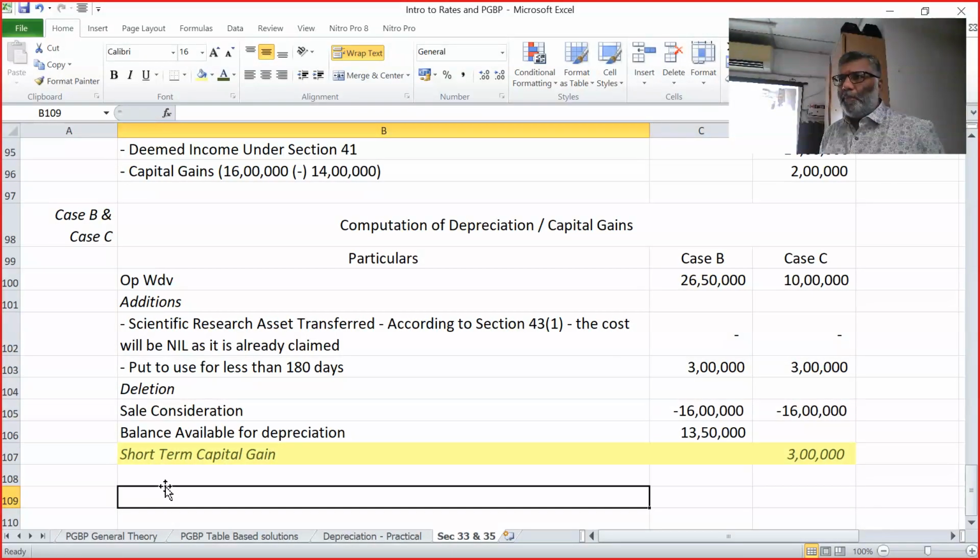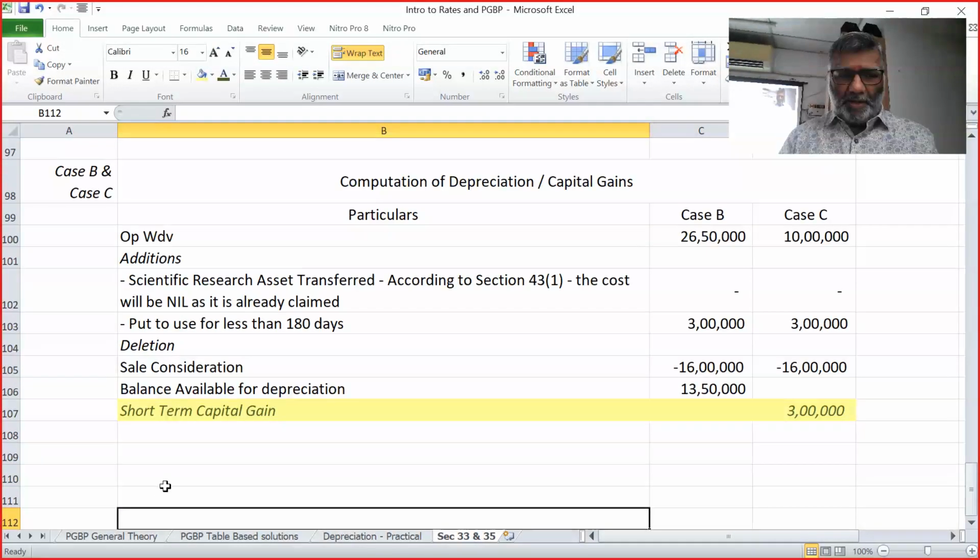Case C, the block is gone out of existence. Why? Because the sale consideration exceeds the balance available. The block goes out of existence in two circumstances: all the assets in the block are sold, or if the sale consideration exceeds.